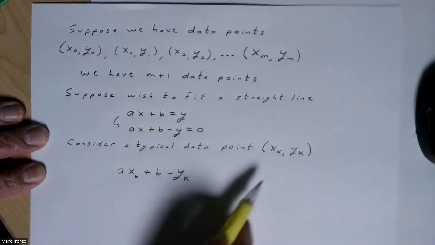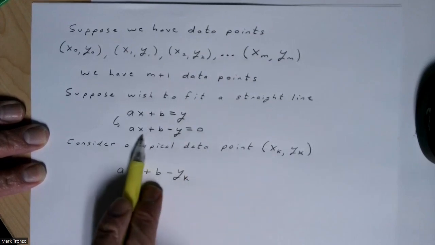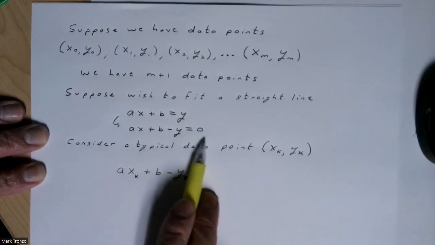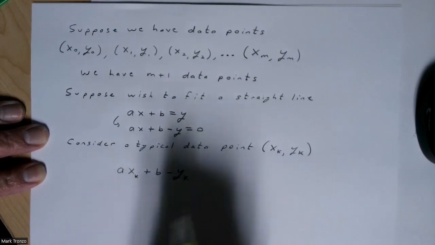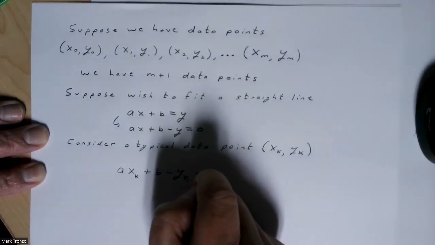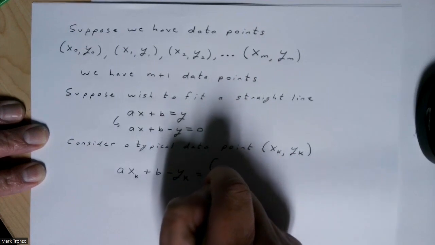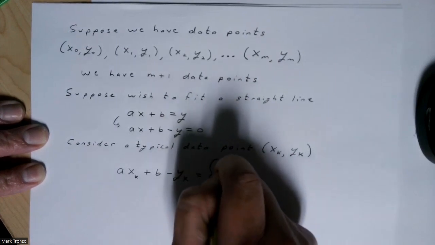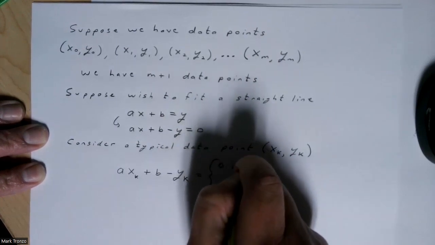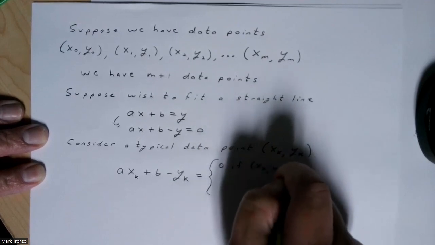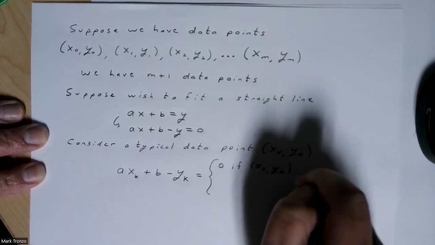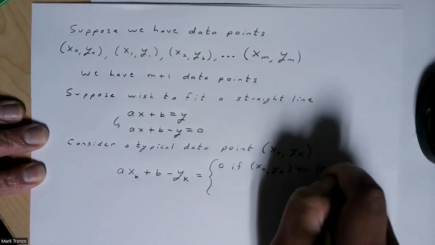And now, as I mentioned, if the point is on the line, this is going to be 0. So when we put our point in here, this will be equal to 0 if our point is on the line.